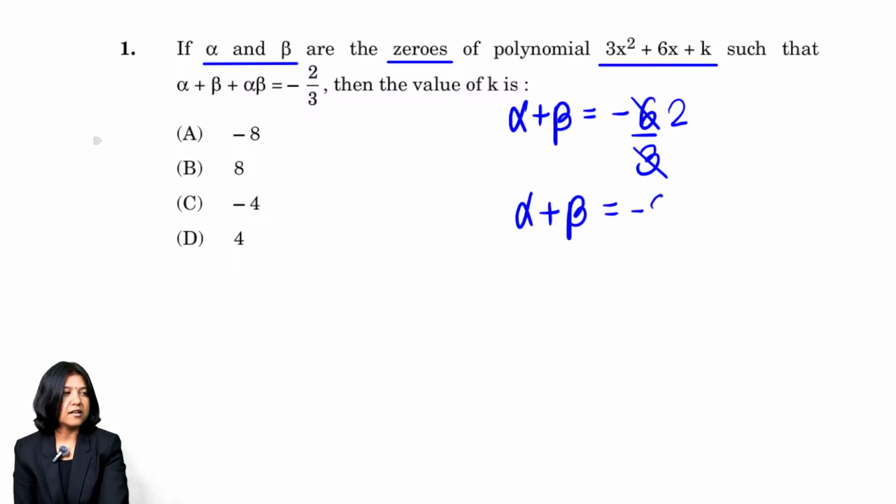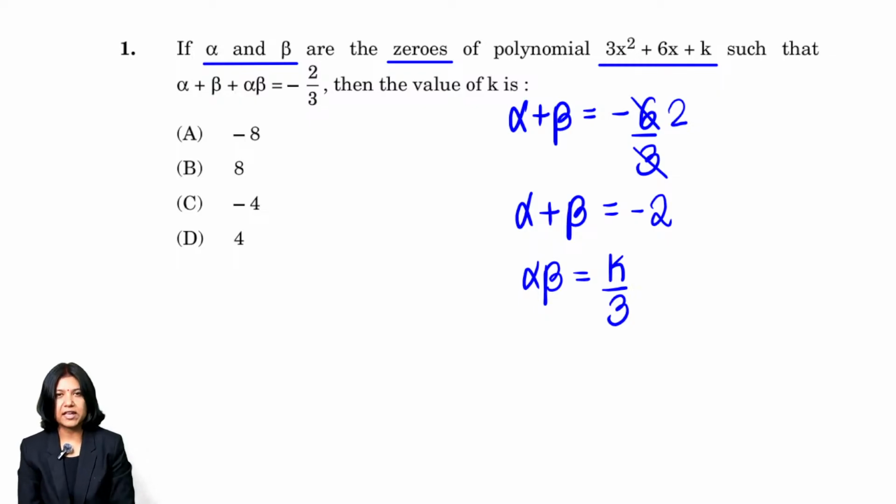Okay, now likewise, the product of roots is always represented by the middle term divided by the leading coefficient, or the coefficient of x squared. So clearly, because my k is unknown here, I'll write in terms of k itself. I'll get k upon 3.